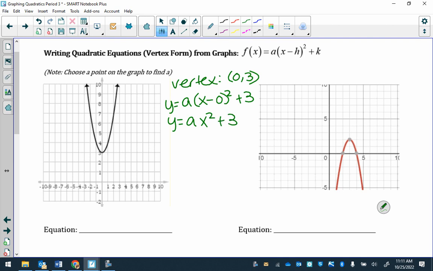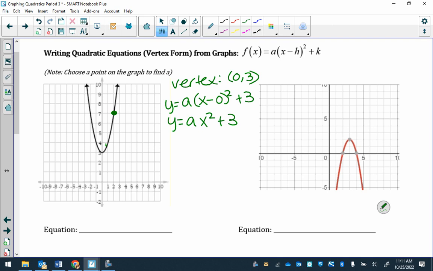Now, since we need to find a leading coefficient, you choose a definite point on the graph, not the y-intercept, but typically that would be a good point to use. So you look at the graph and see where there's a definite value. So if you look at 2, you could either do 1, 4, or which we're going to choose altogether, 2, 7. 2, 7 looks like a definite point.